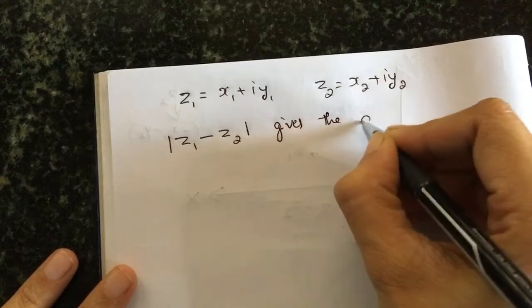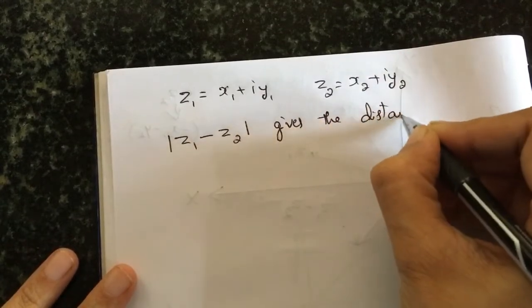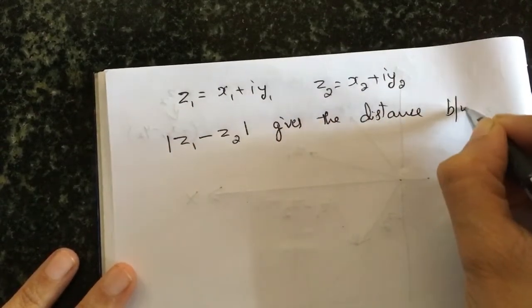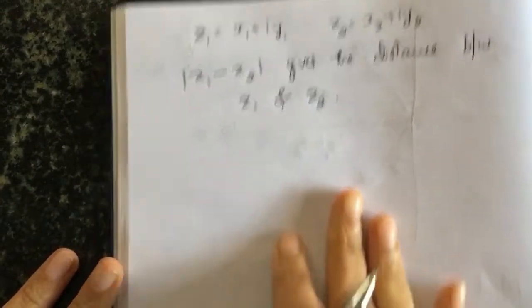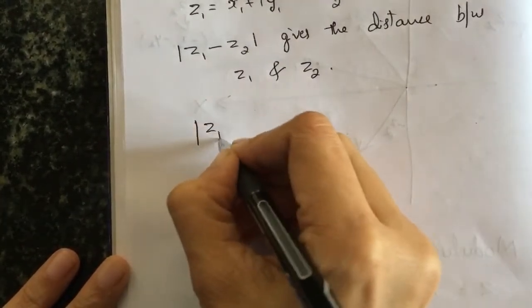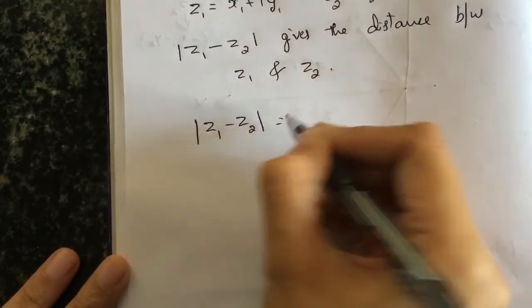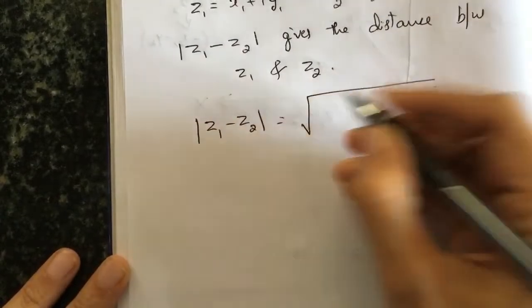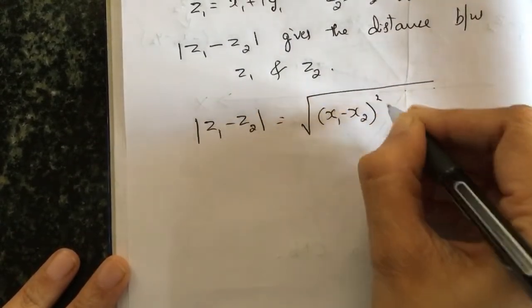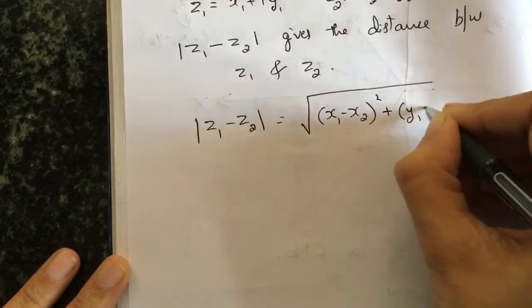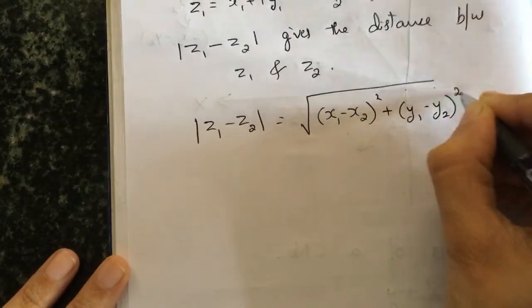So mod z1 minus z2 gives the distance between z1 and z2. How is it actually? Mod z1 minus z2 is nothing but root of (x1 minus x2) whole square plus (y1 minus y2) whole square.